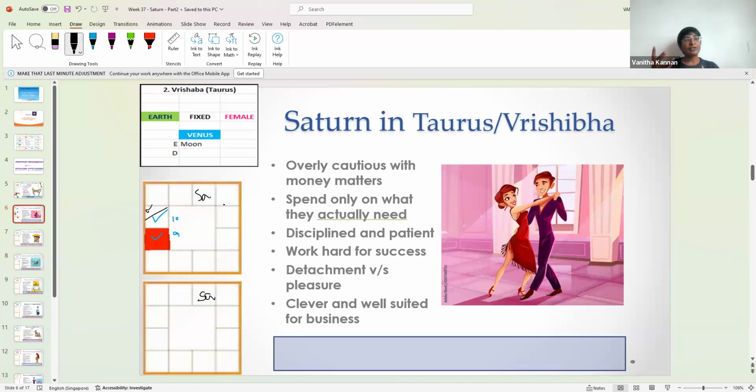This is the Sukhasthana, right? Happiness, comfort, peace, education, and also your mother, your assets, land, movable or immovable assets, everything comes into the picture. You have to apply this significance when Saturn is in your fourth house.